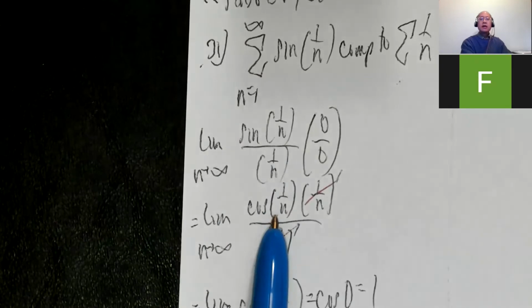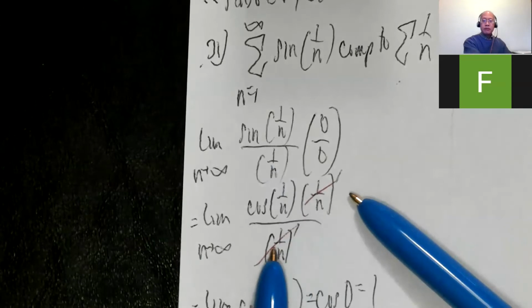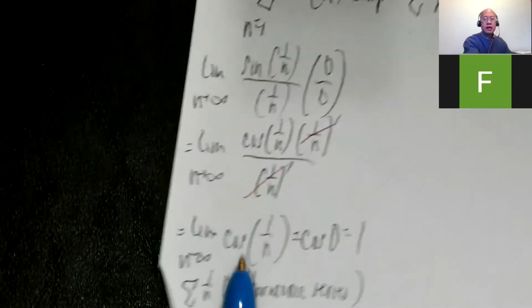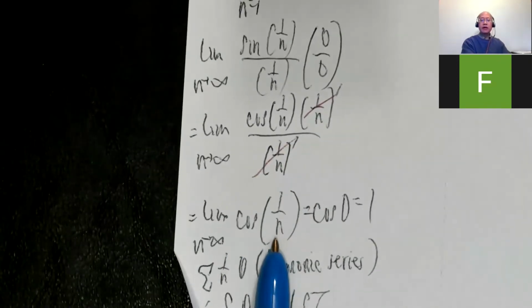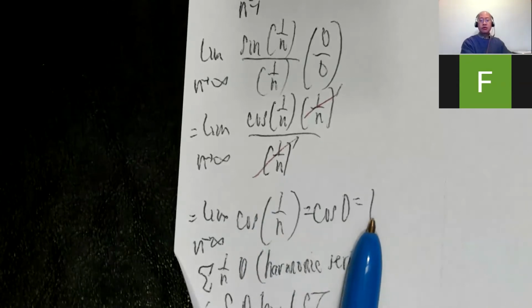Cosine 1 over n times the derivative of 1 over n, and these (1 over n) primes just cancel out. So I just have the limit as n approaches infinity of cosine 1 over n. When n gets super big, that's cosine of 0, and that's 1.